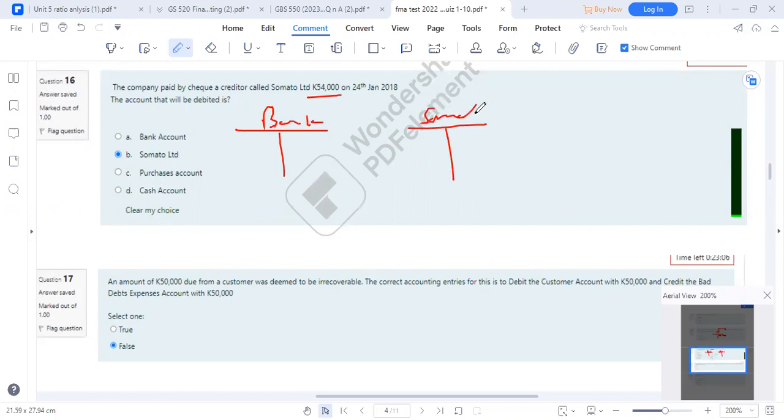If we pay by check, which account is paying out? The bank. So we're going to credit the bank because it's paying out 54,000. Then which account are we going to debit? The Somato account with 54,000. Because Somato is our creditor, so we're reducing what we owe.